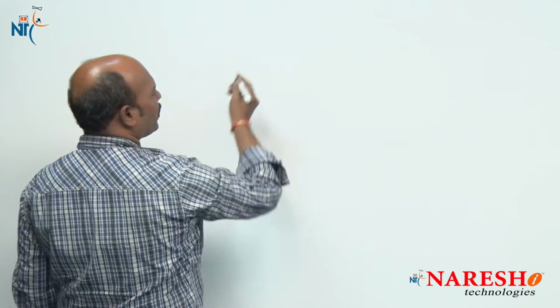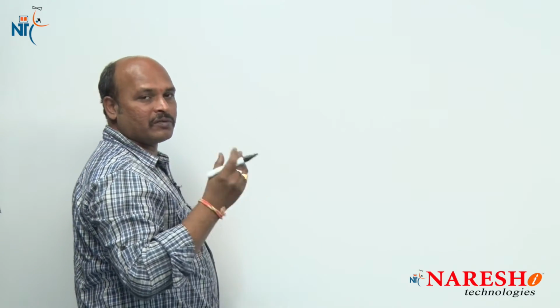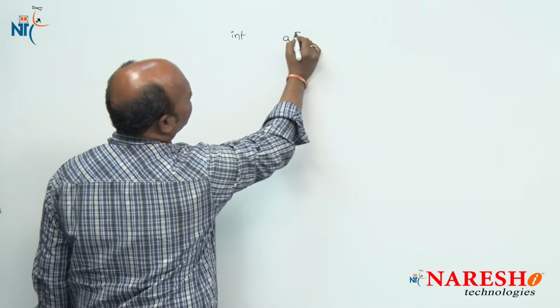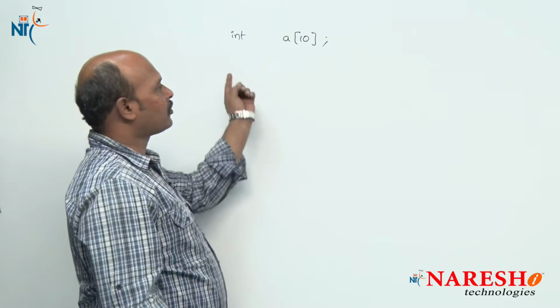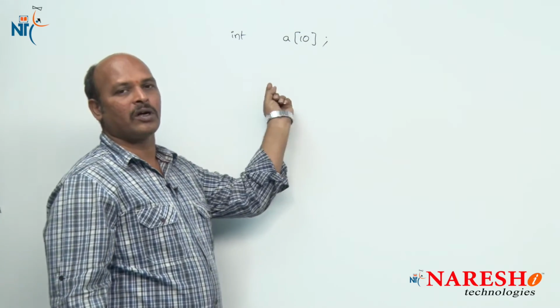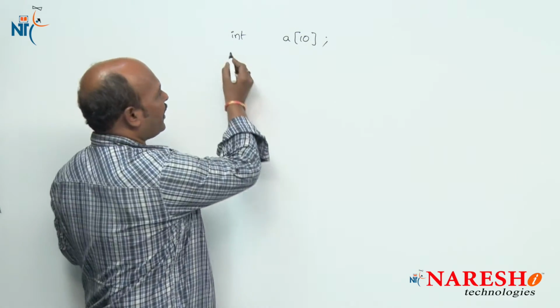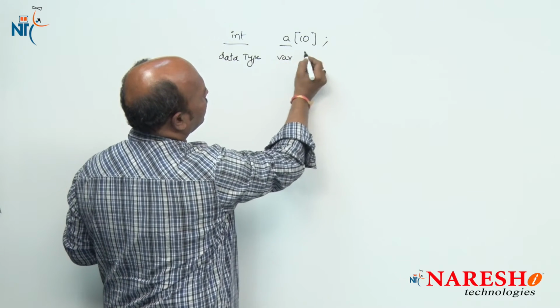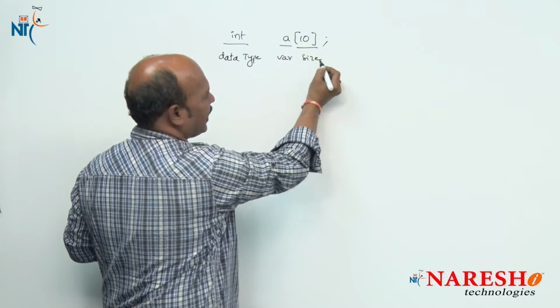First of all I am going to give one small example of why we need dynamic memory allocation. To know about dynamic memory allocation, first we have to know what static memory allocation is and what the problem is. Suppose int a[10], generally called an array. Here int is the data type, a is the variable, and 10 indicates the size.